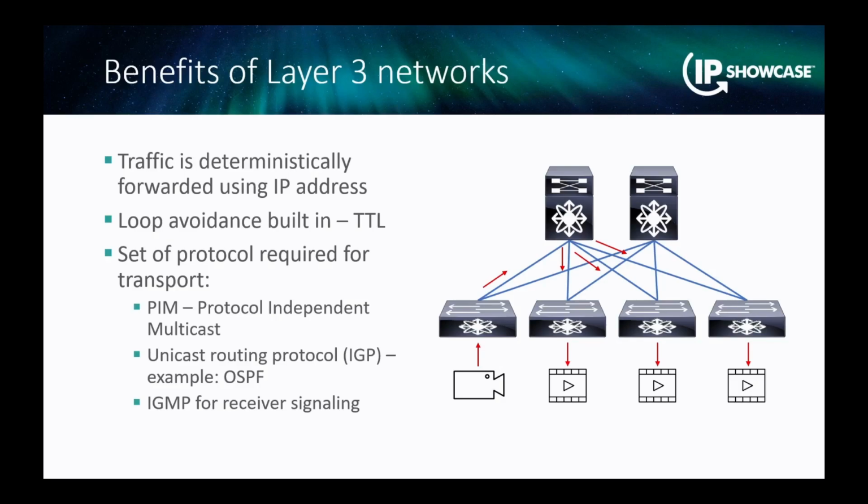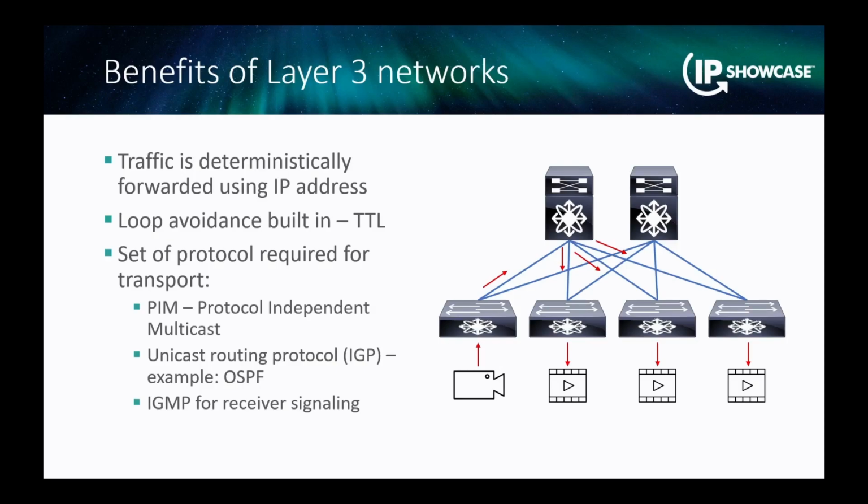I avoid loops by using TTL, so I'm not suspending the link. All the full bandwidth is present in the system. So all those challenges which you had on layer 2 are mitigated on layer 3. So you don't need to worry about those. They're built into the protocol, so they're there by default.